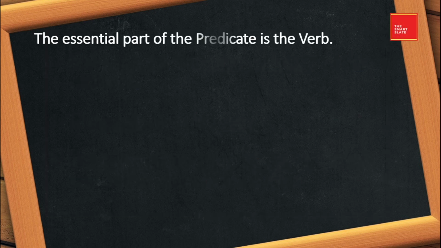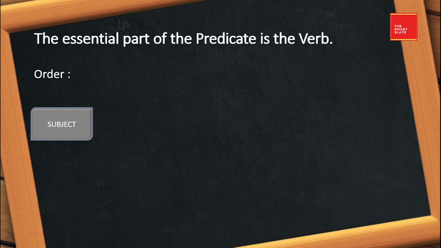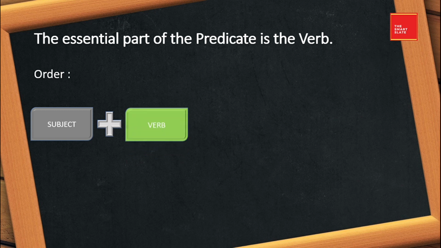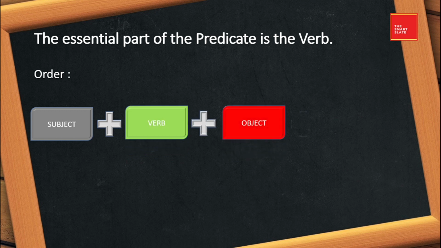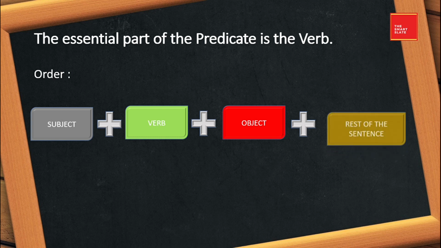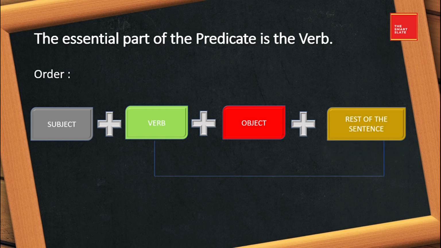The essential part of the predicate is the verb. So we'll see the order of a sentence. You have a subject, then a verb, then an object and the remaining part of the sentence. So verb, object and rest of the sentence form the predicate.